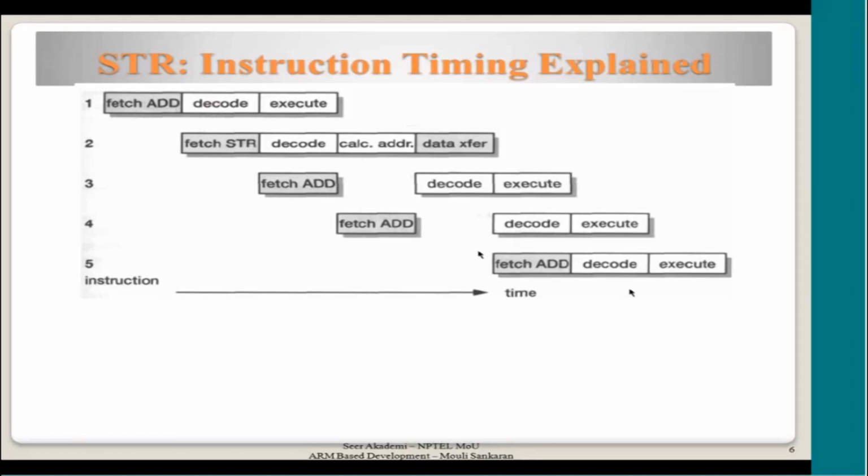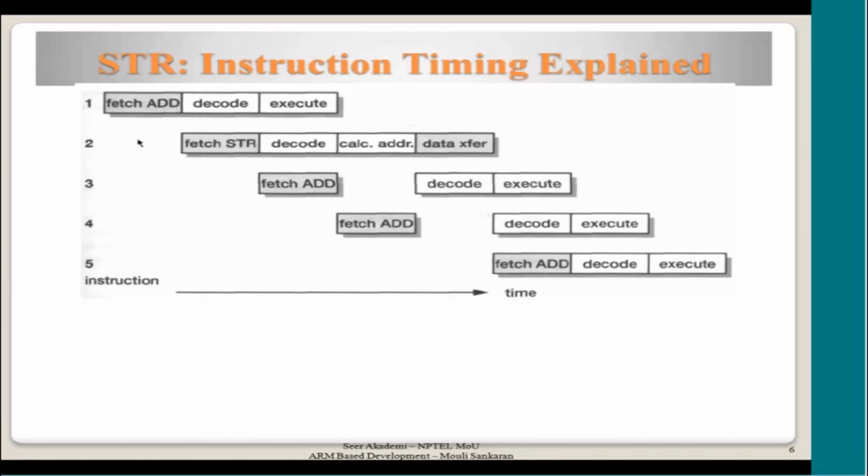Now take an example. This we have seen earlier. I used this particular sequence of instructions to explain what happens inside a data path. Now let us use the same sequence of instructions to see how we calculate the time taken by the store register instruction.